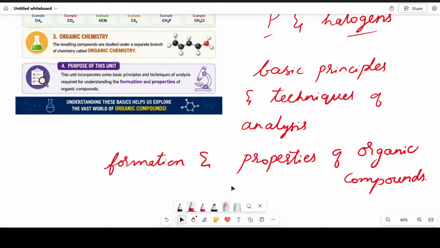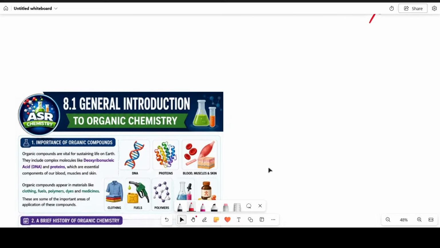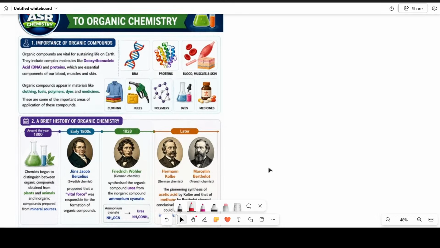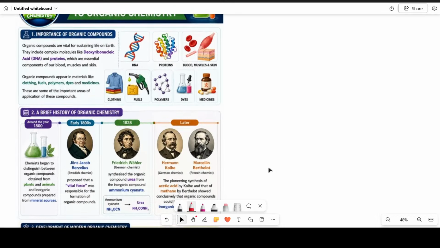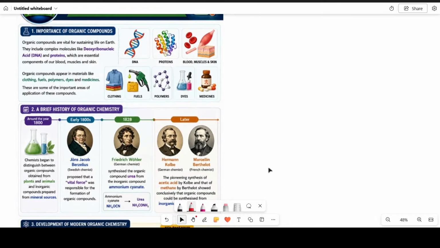Next one, the general introduction to organic chemistry. In this, we are going to look at the importance of organic compounds. These organic compounds are very much essential for sustaining life on the Earth.